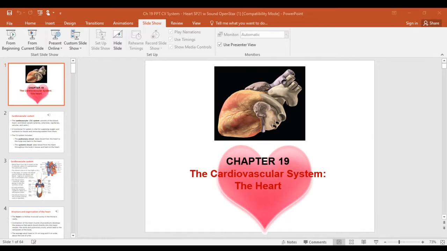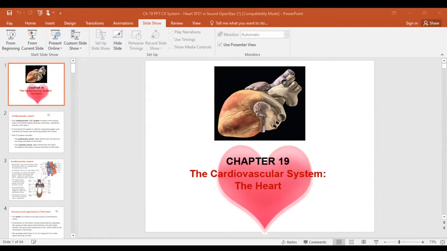So if you multiply the stroke volume times the number of heartbeats per minute, you get the cardiac output. So if it's 70 milliliters of blood for one heartbeat, and there's 75 heartbeats per minute, then it's this much blood per minute. About 5 1/4 liters of blood is pumped out of the heart per minute.